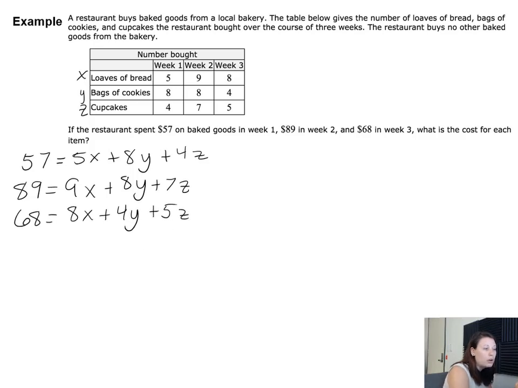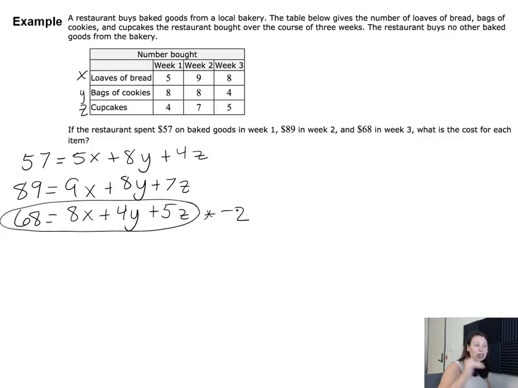So now, right off the bat, we see that Y is probably a pretty good variable to eliminate. Since we already have to change this one, let's multiply that by -2 so that we can then take that equation and eliminate with the other ones. So let's number our equations again. We have 1, 2, and 3.